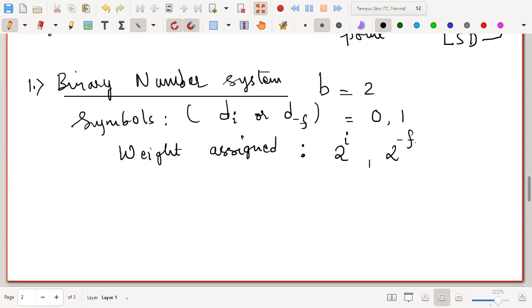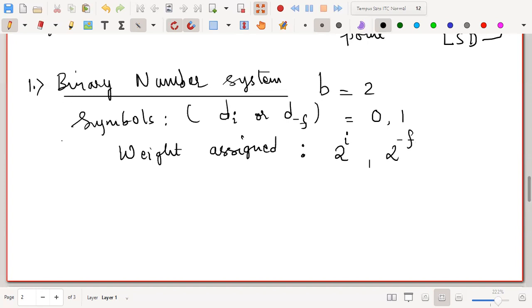This is how the weights are assigned. As per the weight assigned to a specific digit, you can know whether that digit is the most significant digit or the least significant digit. By calculating the weight assigned, you can know the position of that particular digit.